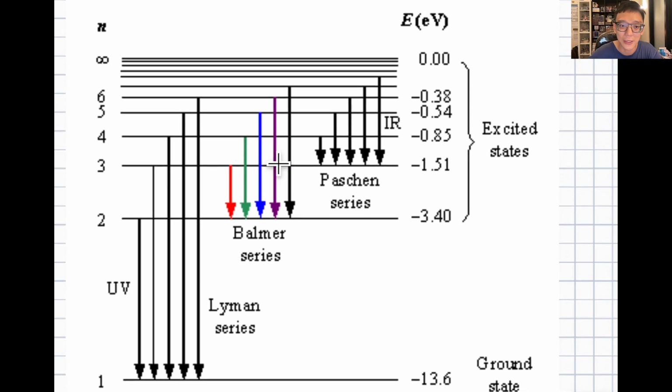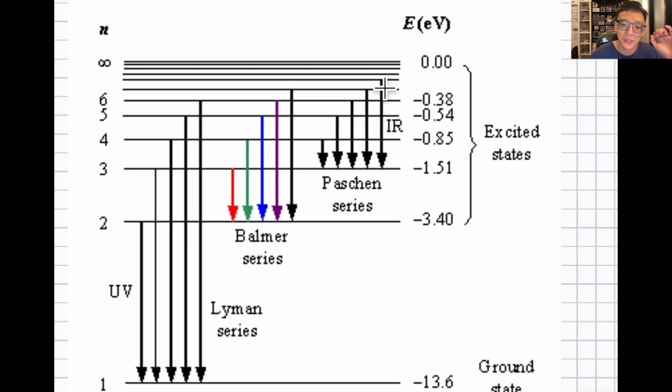So here, this is the energy associated with electrons coming back from a certain shell. Any electron coming back to the first shell, the closest to the nucleus, is called the Lyman series. It means that wherever the electron is, when it returns to the first shell, it will produce UV light.